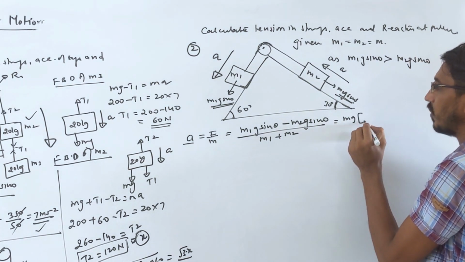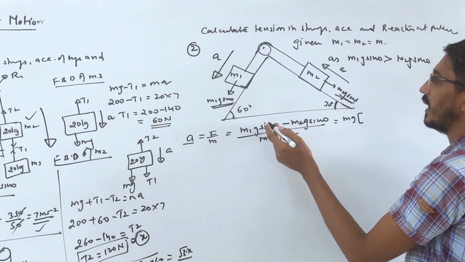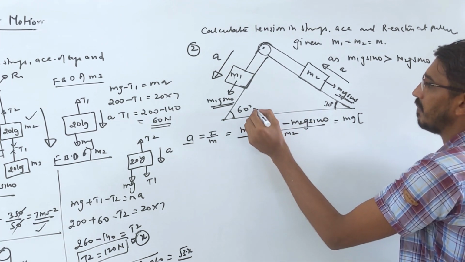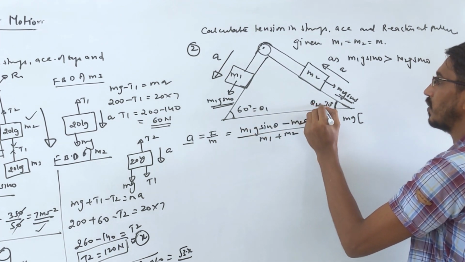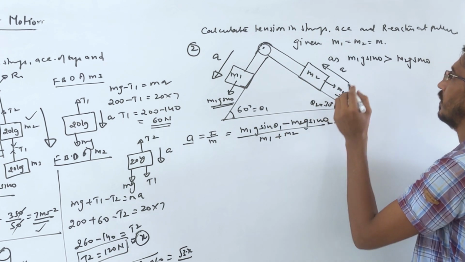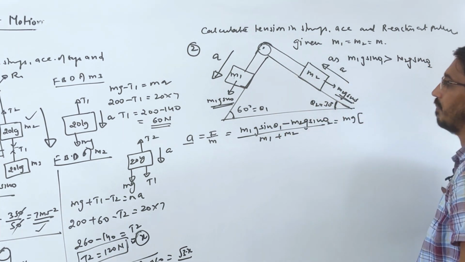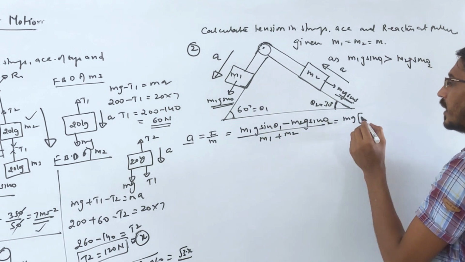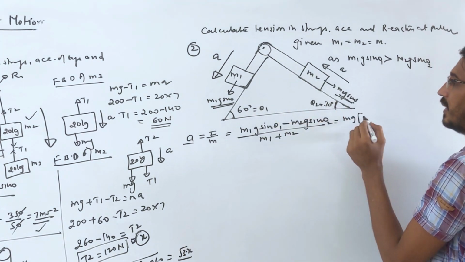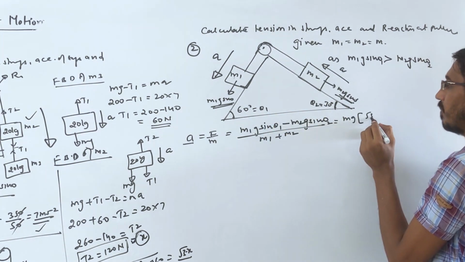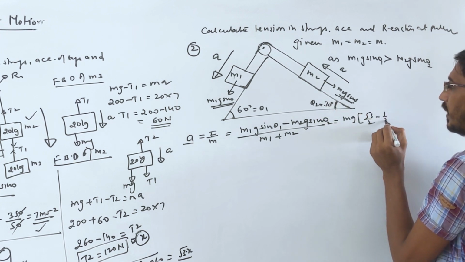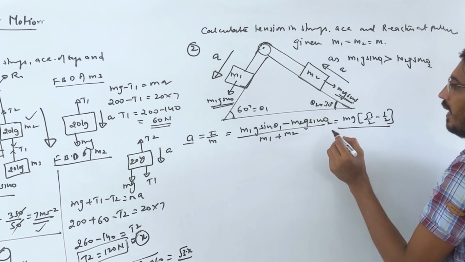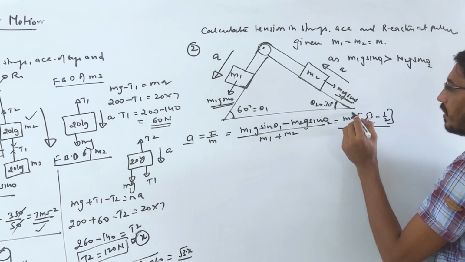mg is exactly the same here, or it may be different also. For this I give some names, this is theta 1, this is theta 2, otherwise you get confused. Sine theta 1 is sine 60, which is root 3 by 2, and this is 1 by 2, divided by m plus m, which is 2m, and this m cancels.